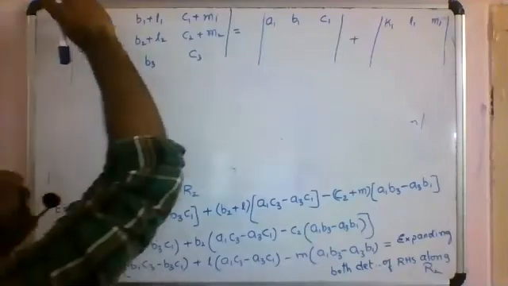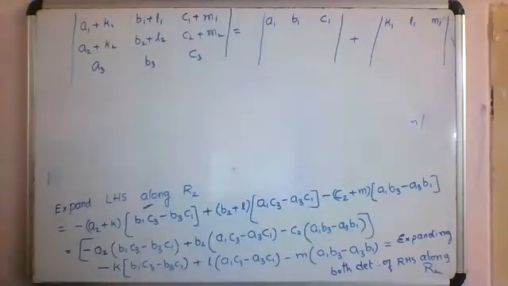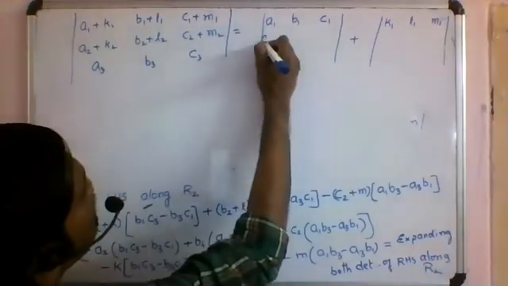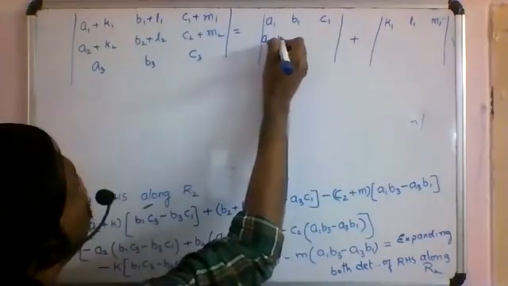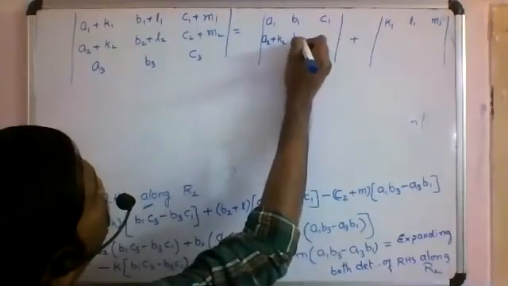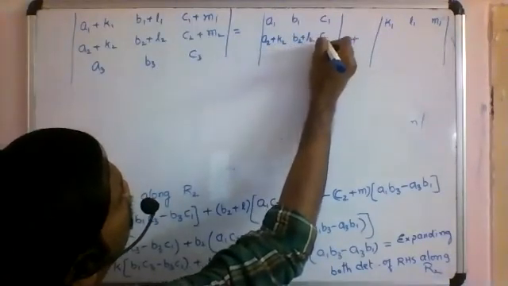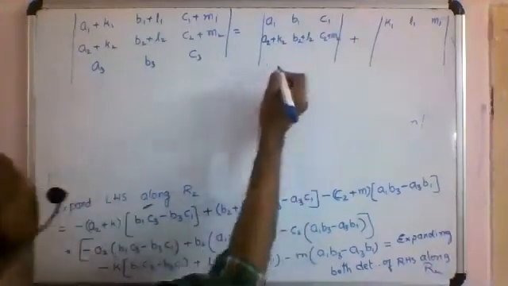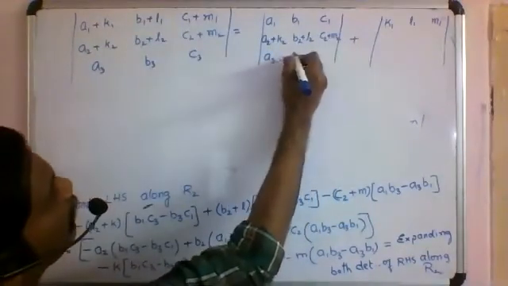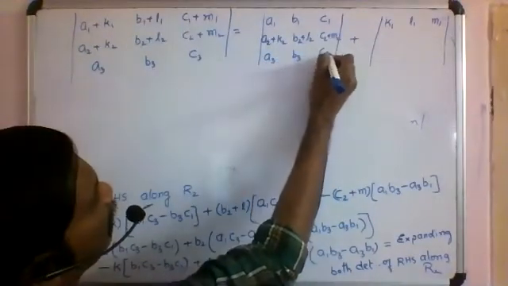We are concentrating on only first row. Then second row, third row elements should be kept as it is. So here I should keep this as it is: A2 plus K2, B2 plus L2, C2 plus M2, A3, B3, C3.